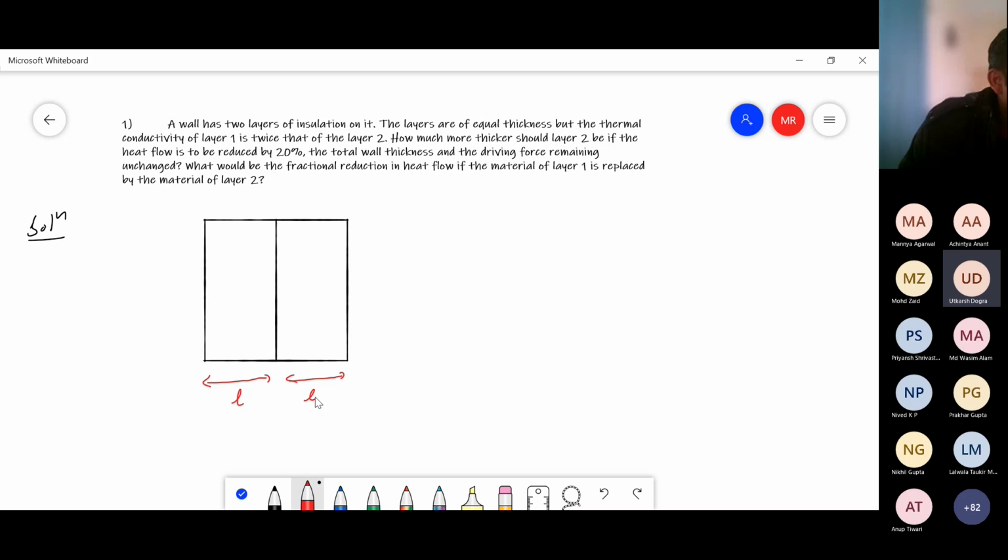Again, what is given is thermal conductivity is K1 here and here it is K2. Thermal conductivity of layer 1 is twice that of layer 2, so K1 equals twice K2.